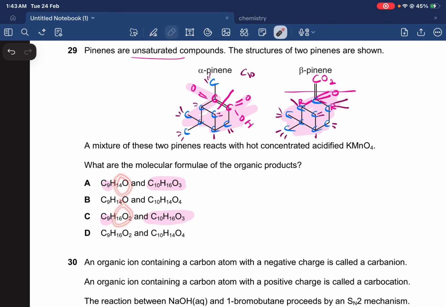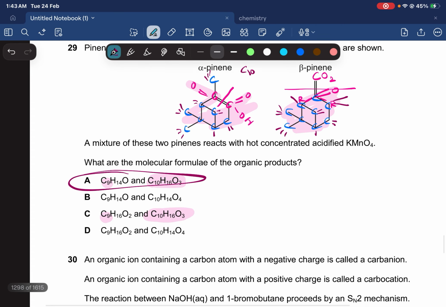H14 or H16. H14, this comes out to be my correct option.